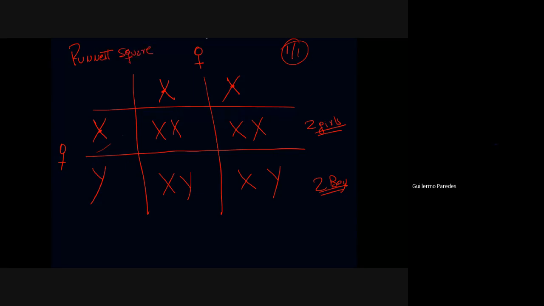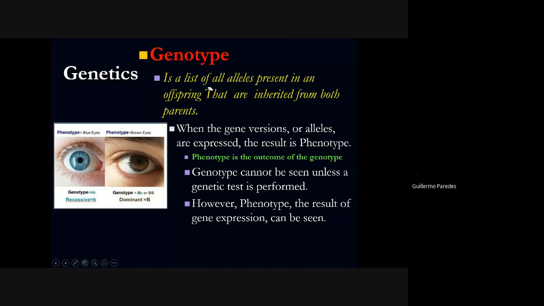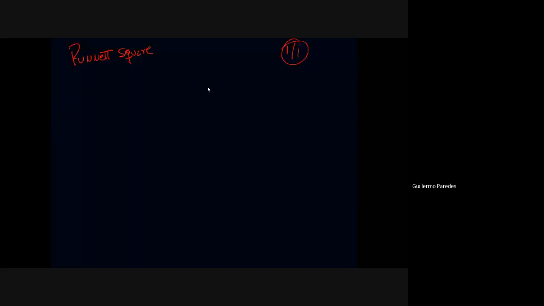All right, so now let's make it more about what we were talking about. Let's suppose that you have blue eyes. Blue eyes are recessive, and in order to have blue eyes, the person needs to be recessive b and recessive b.